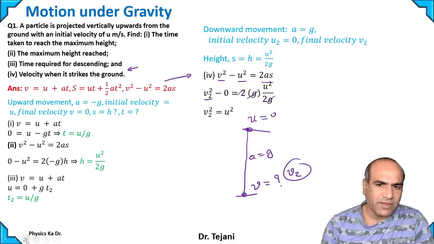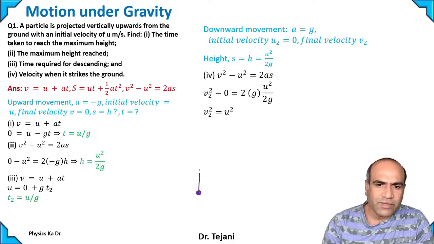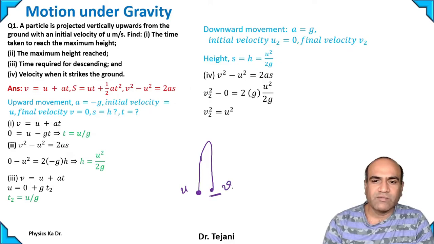So whatever the initial velocity of the object under free movement, the returning velocity, the final velocity at the second position, is the same.